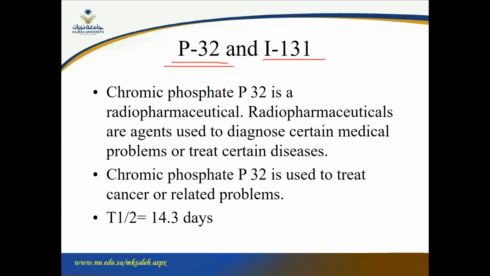PV is polycythemia vera, and ET is essential thrombocythemia. So this is one type of blood disorder, and we can use phosphorus 32 for such treatment.